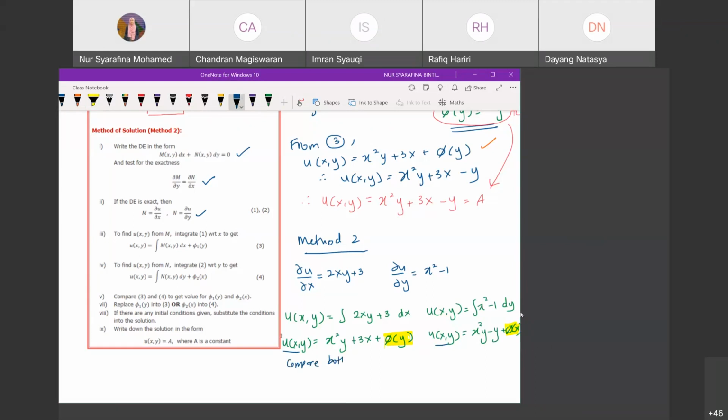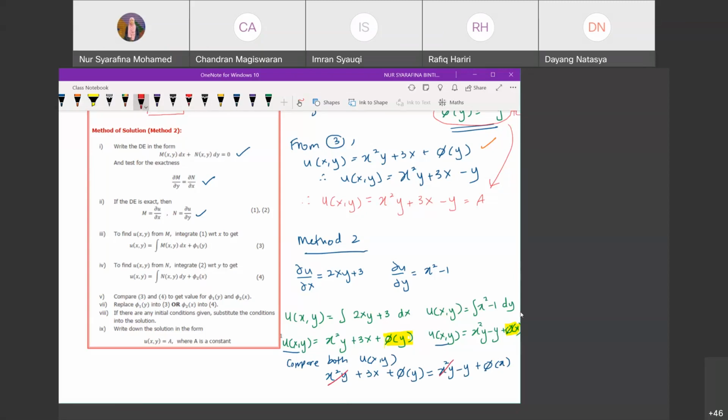Compare both u(x,y). So here we have x squared y plus 3x plus psi y equals x squared y minus y plus psi x. And as you can see, here we have x squared y, here we have x squared y. We just can omit them.